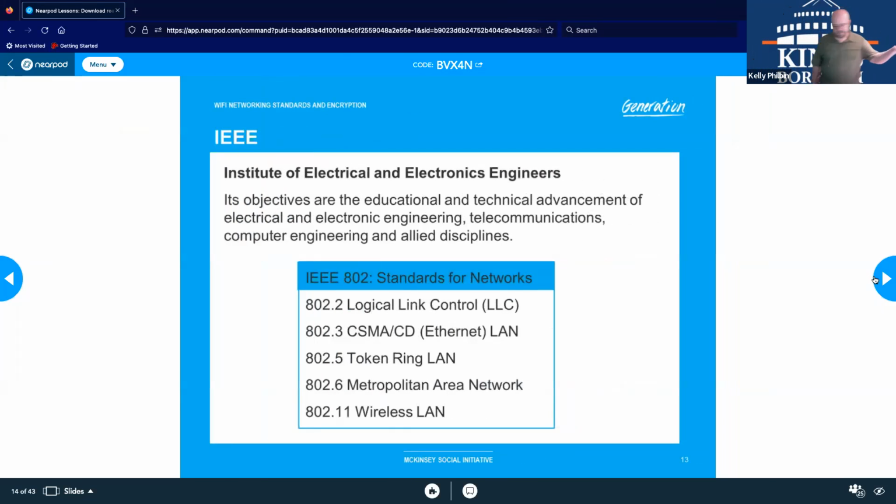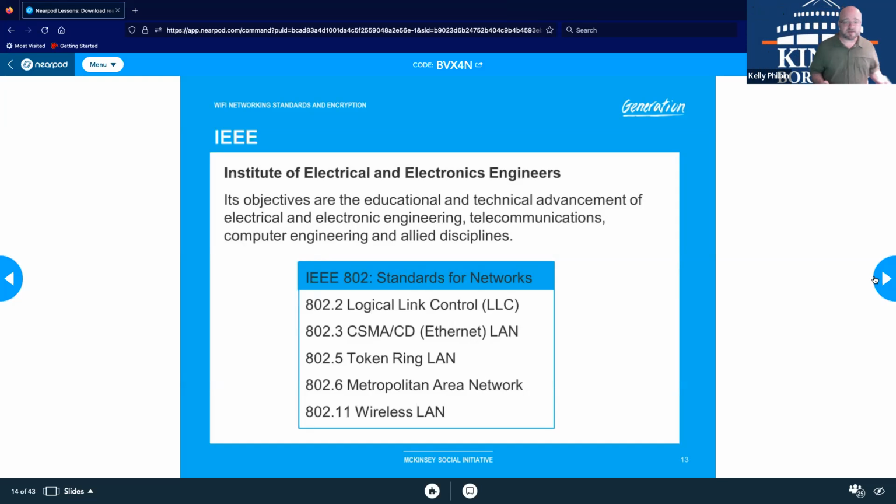So, just for a quick review again, IEEE stands for Institute of Electrical and Electronics Engineers. This is a group of people that basically sit around and think of exciting ways to make our lives more complicated. They come together, they write all the protocols, they write all the standards and all that fun stuff that govern the technologies we use. There is a huge laundry list of these. We don't need to know all of these.